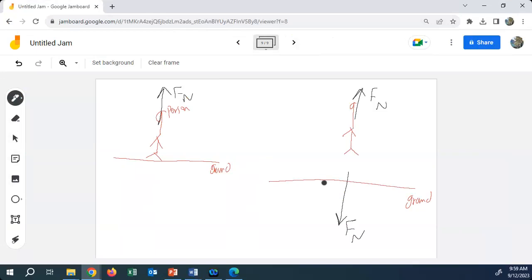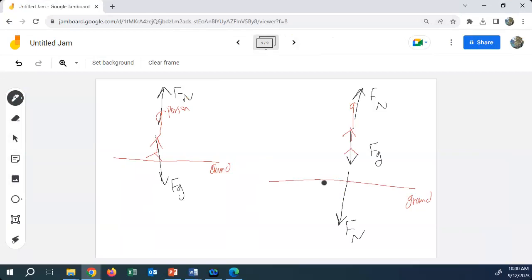What other forces were there between the ground and the person? Force of gravity and friction. Let's talk about gravity first. You know, the ground is exerting force of gravity on a person, yes? Force of gravity on a person.